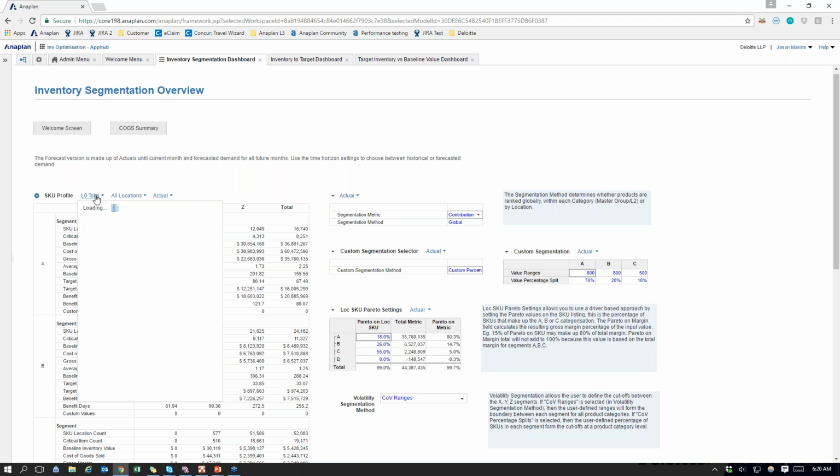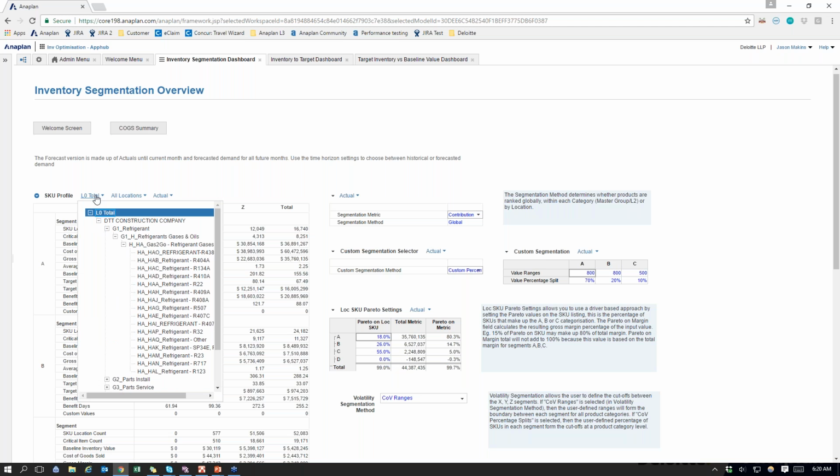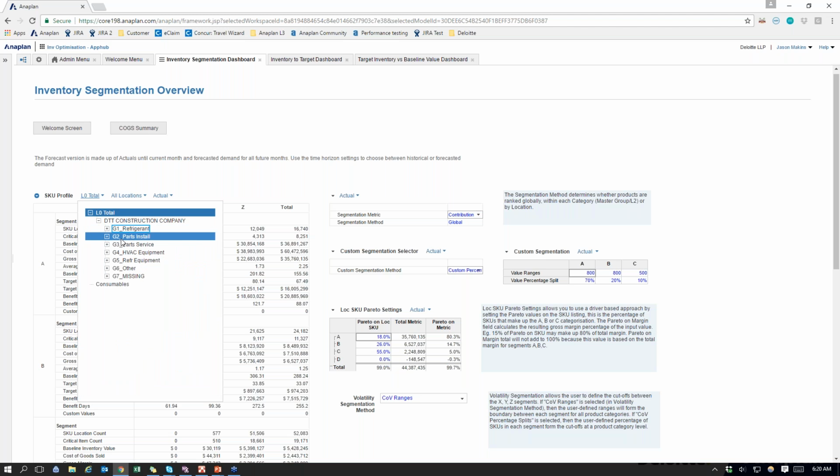Across here on this key table, we've got a product hierarchy, number of levels. It's our Deloitte app. So it's a construction company that sells refrigeration equipment, parts and installation, which, as you know, if you're selling refrigerants compared to selling spare parts, those are two very different product lines.